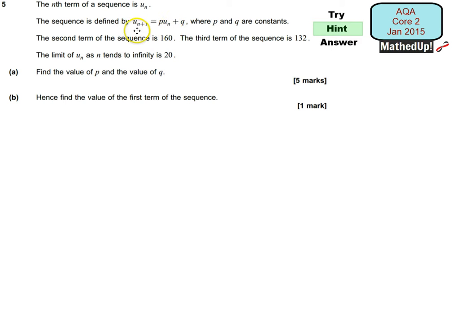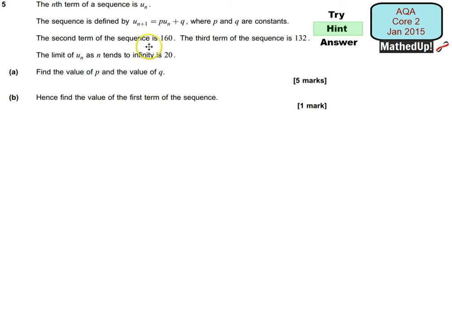So to work out what p and q are, we can set un and un plus 1 both to 20. Then we've got another equation. We should now have two equations, and we should be able to use them to work out what p and q are.